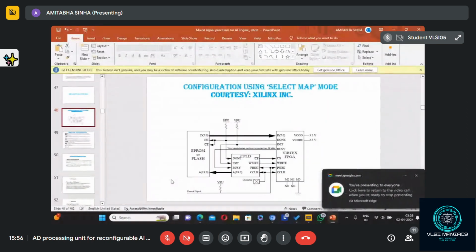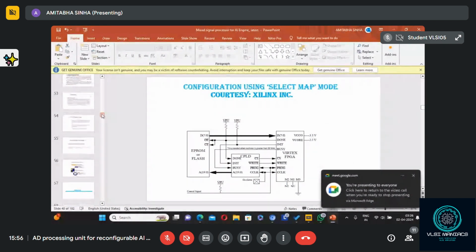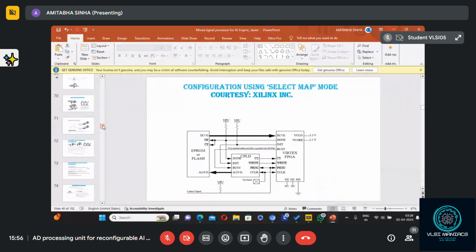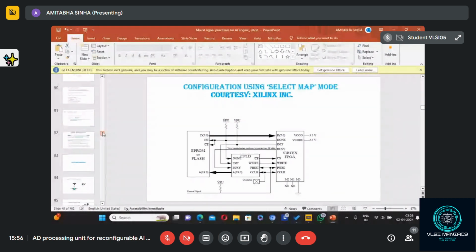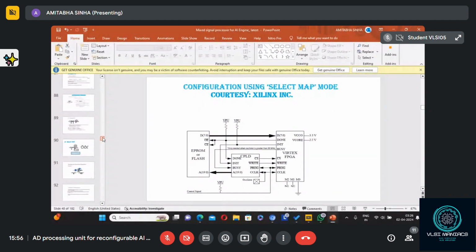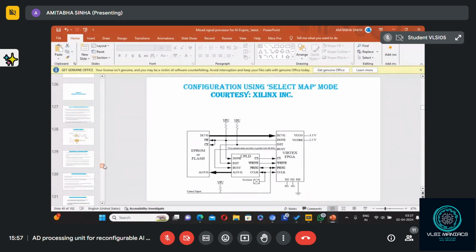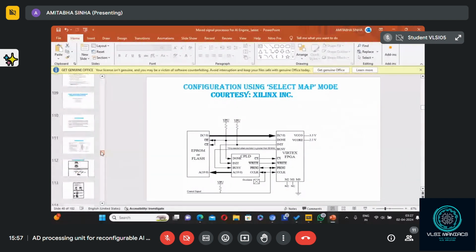Tell me. Each bit of digital information, if you want to store, how many transistors will be required? Six. Okay, good. Six transistors will be required.